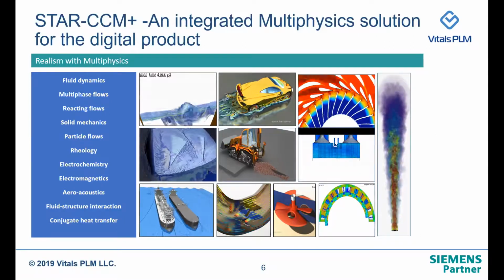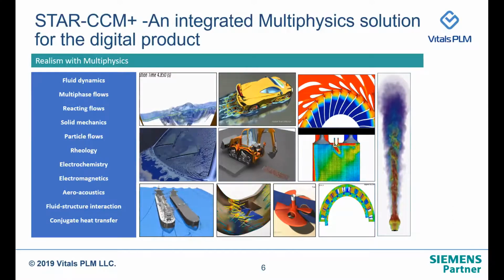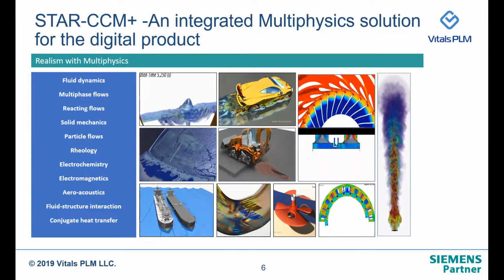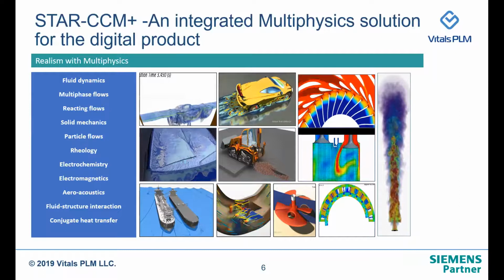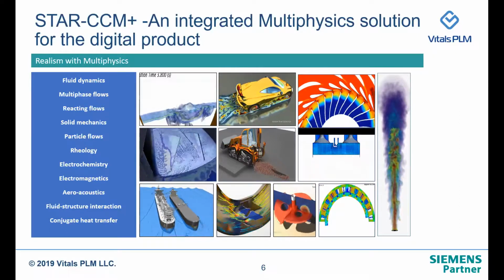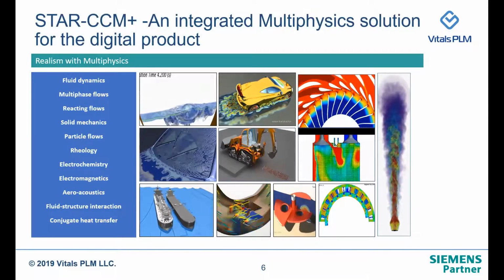Another example we see again from the automotive industry, where we see the flow inside an expanding and collapsing IC engine, internal combustion engine, where we see the mesh is expanding and collapsing within the cylinder while the pistons are moving in the suction manifold and exhaust manifold.